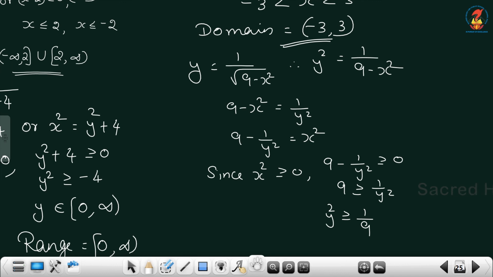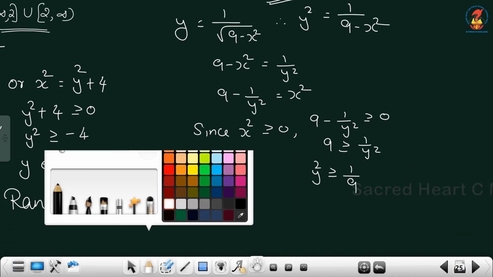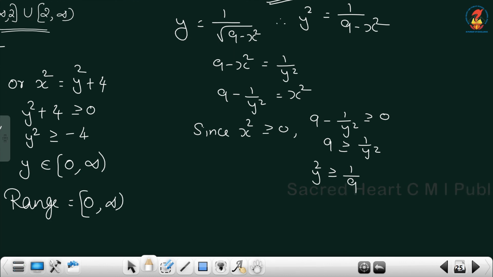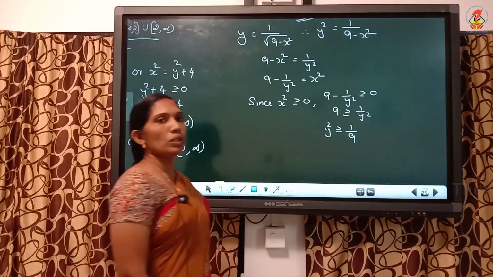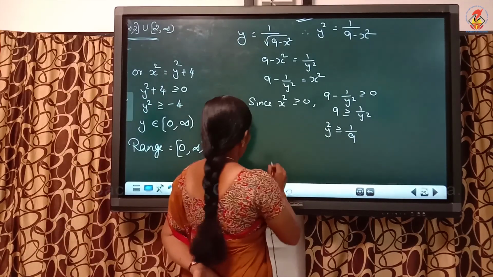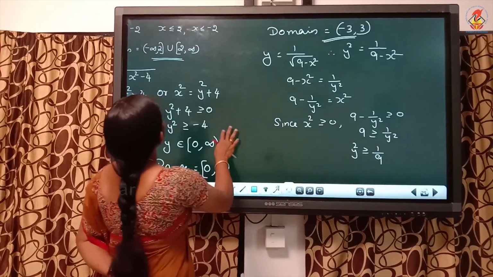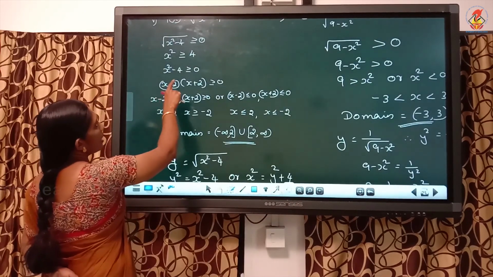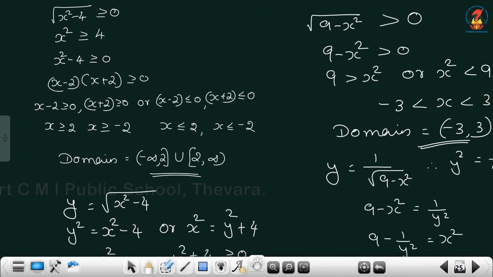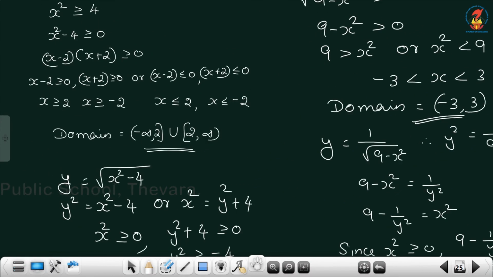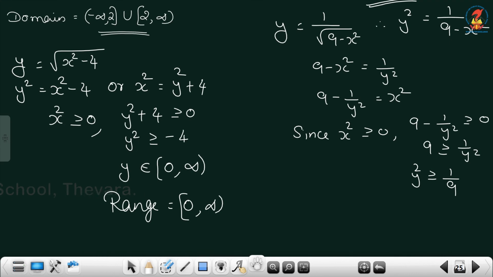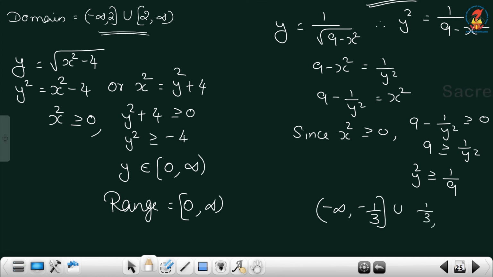So when you take the root, you will get 1 by 3, and y square greater than or equal to 1 by 9 means, children, do you remember what we wrote here? Look, x square greater than or equal to 4. We write like this. The same condition for y square greater than or equal to 1 by 9 means minus infinity to minus 1 by 3 closed, union 1 by 3 to infinity.